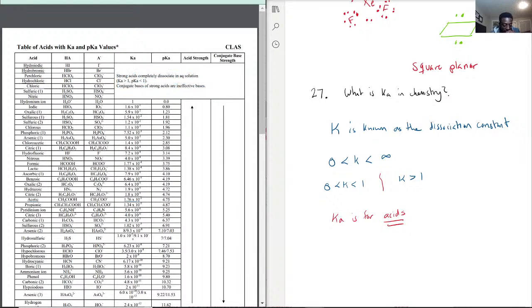okay? Because here the Ka is 1 for hydronium ions. But you see nitric acid, sulfuric acid, hydrochloric acid, chloric acid, these are all strong acids because your Ka value is greater than 1, meaning that you put that in a liquid, bam, you actually have the hydrogen ion and its conjugate base.